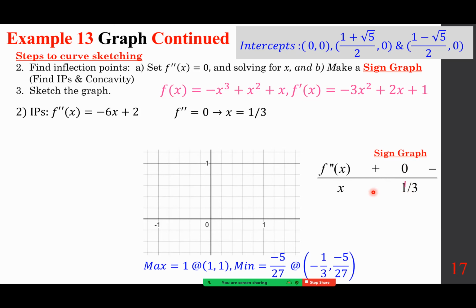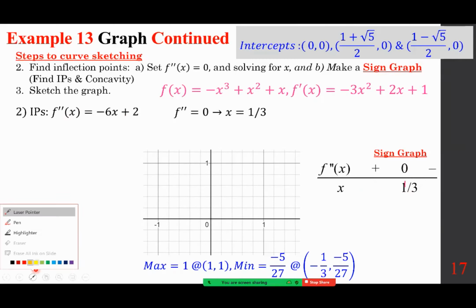To the left of 1/3, for example, if you pick 0 and you put it into f double prime, test point, I can put a 0 here and I can put a 1 here. If you plug in 0, it makes this positive 2. If you plug in 1, minus 6 and positive 2 makes it negative 4.